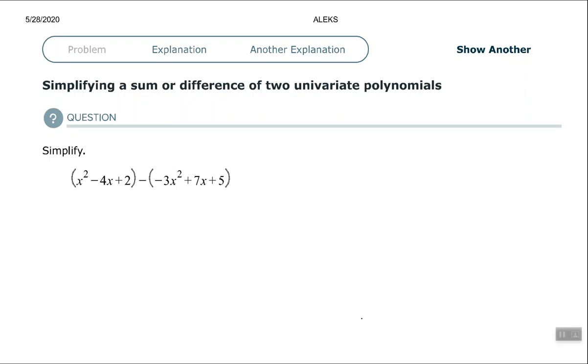All right, so the first thing you need to take care of is, if a polynomial is being subtracted, you need to treat that subtraction as if it's a -1 and distribute to each term, or multiply that by each term in the parentheses to the right. So it's going to change all of those signs.